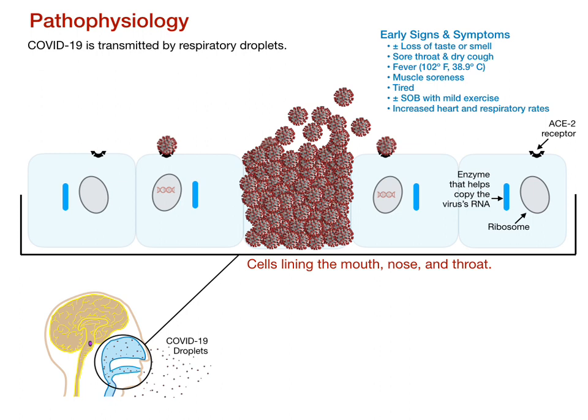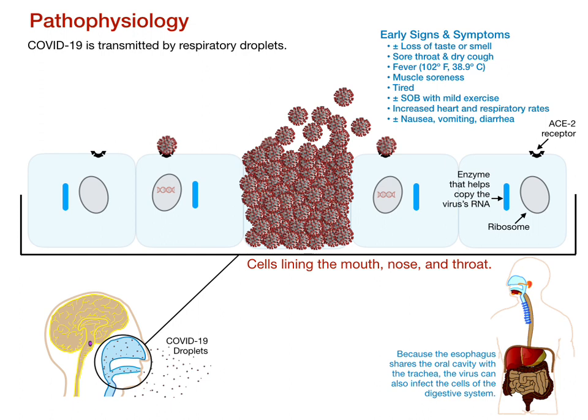So if this is all you get and you start feeling better in a week, 10 days, 2 weeks, then great. It doesn't really matter what it was, except it's nice for epidemiological purposes to know if you were infected by COVID-19 and whether or not you have some immunity now, or whether you are shedding the virus and can transmit it to other people.